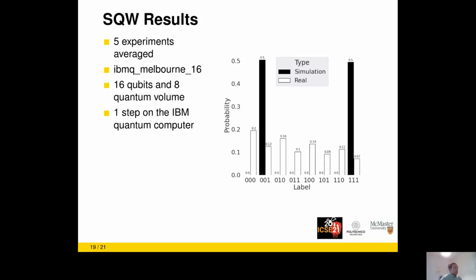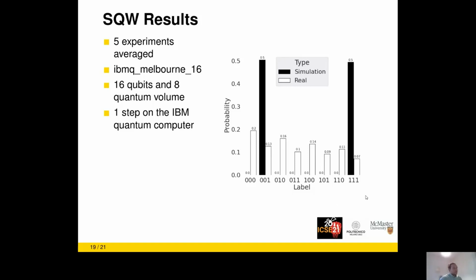Again, we performed 1 step on the IBM quantum computer, and here we have on the x-axis the labels and the probability to find the walker in a given node on the y-axis. Again, in the simulation, we have a 0.5 probability to find the walker in node 1 or 7 on the next step.